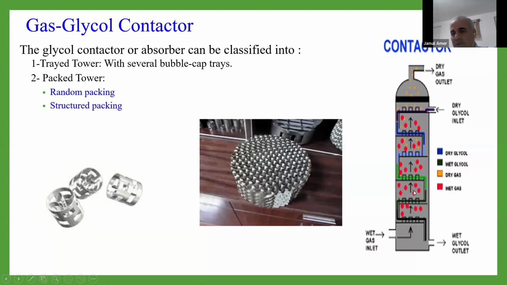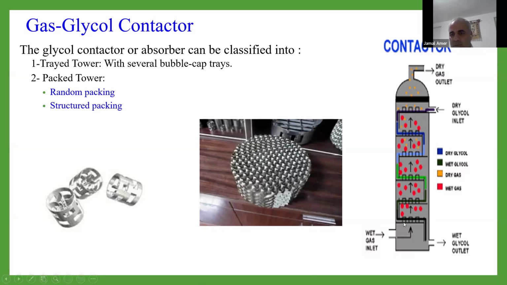One of the most common problems here is that sometimes the glycol or the gas doesn't go through the bubble cap tray. Sometimes it goes through the downcomer. We will also discuss this problem during our course.